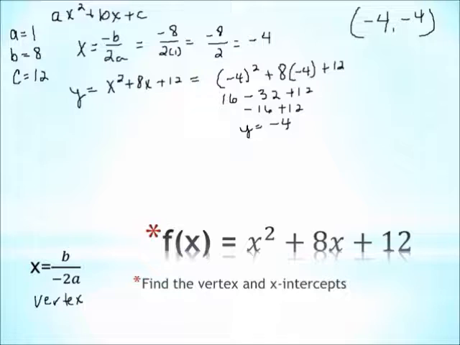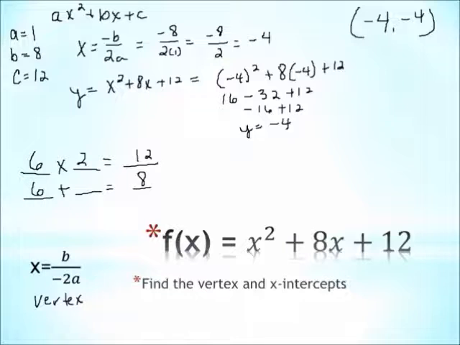Then the problem says let's find our intercepts. As I showed in the last problem, we are looking for factors of 12 that when we add the same numbers, it actually equals 8. So we're looking probably for 6 and 2. That gives us x plus 6 and x plus 2.